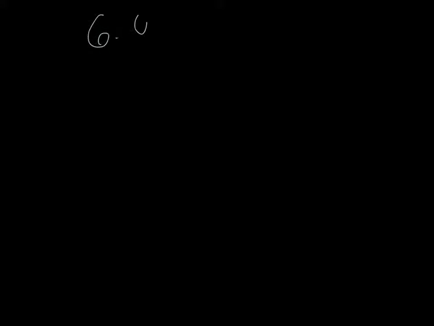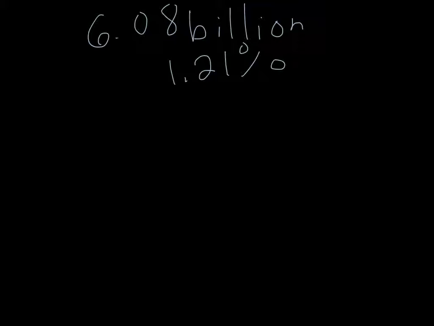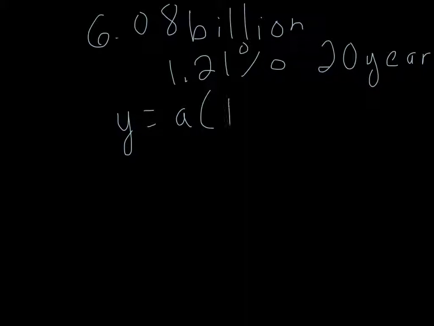It's 6.08 billion, at 1.21%, and it's 20 years. Now, so many of you asked me, what do I do with a billion? Do I have to write it all out? You should know that already. So it's y equals a times 1 plus or minus r to the x.